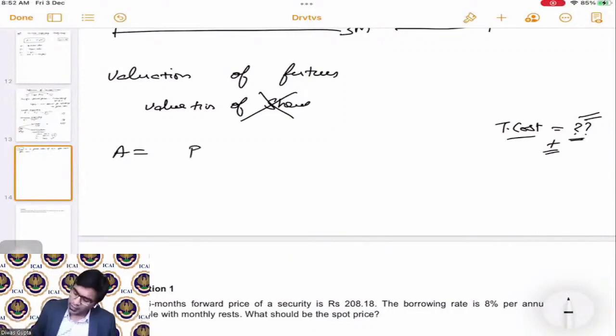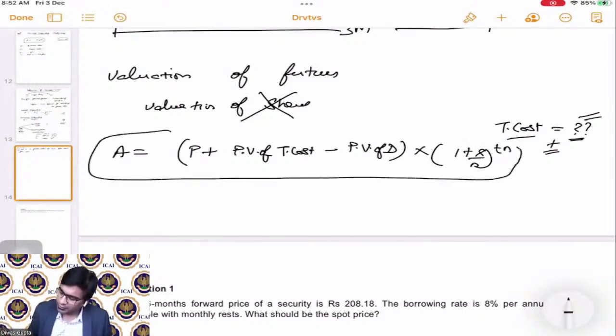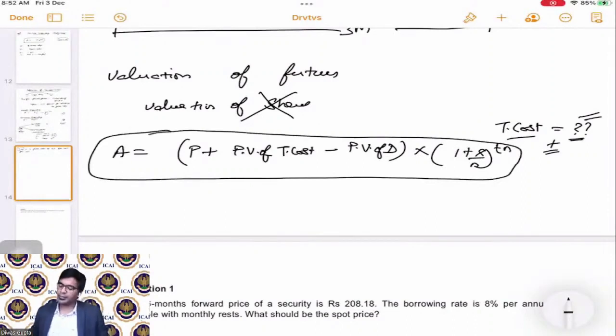So A is equal to P plus present value of transaction cost minus present value of dividend, multiplied by 1 plus R divided by N raised to the power Tn. So this is the formula. The transaction cost will get added, dividend will get reduced.